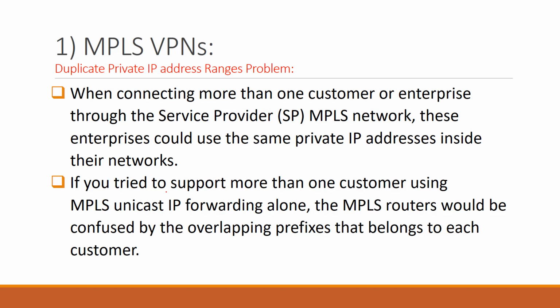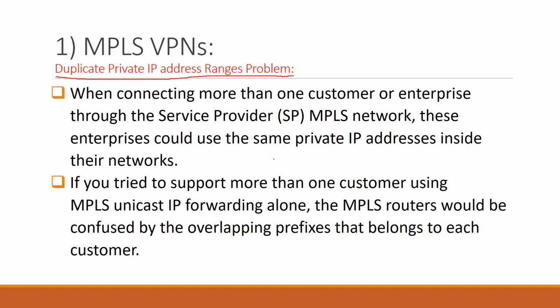So what's the problem that appears when we try to connect multiple customers through the MPLS cloud? Of course, the duplicate private IP address range problem. The customers may use the same private IP addresses in the sites. So this can make problems.